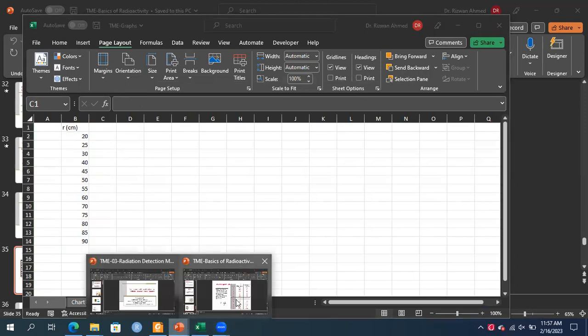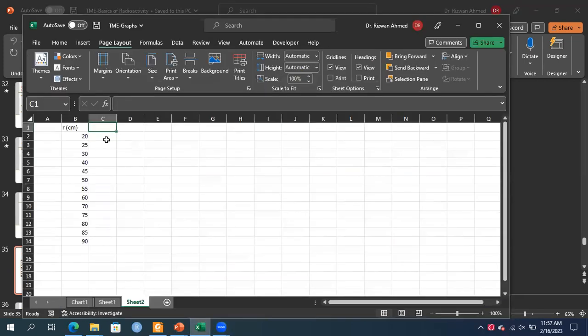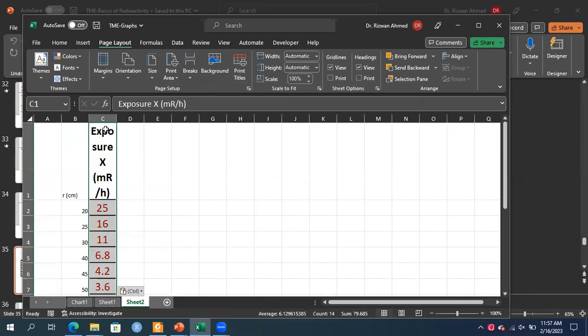And now from the last column, with the title, the values have been pasted.